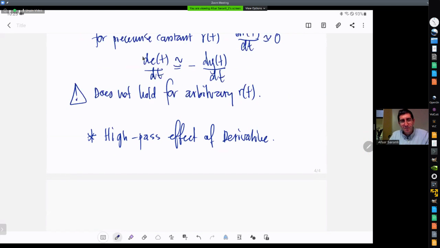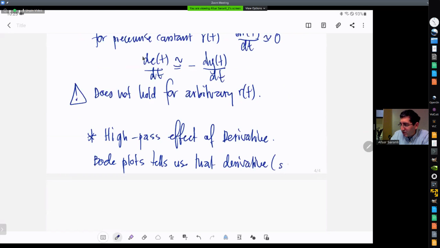If you remember your Bode plots, they tell us that a derivative, which is a standalone S term, but it can also be just a zero, an S term or a zero, has a high pass characteristic.